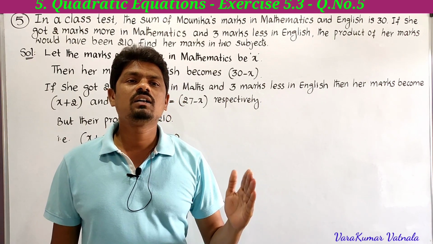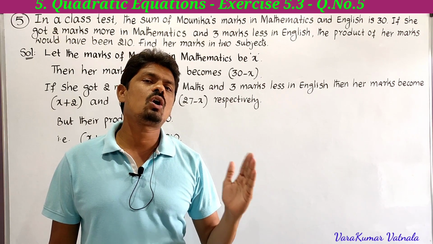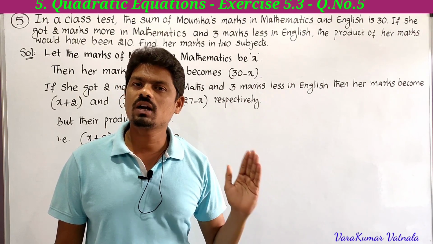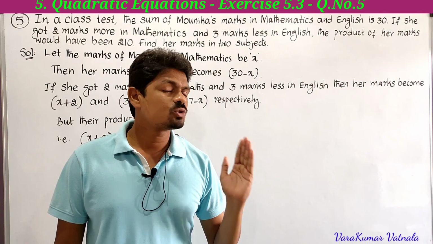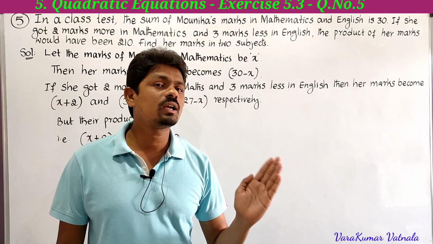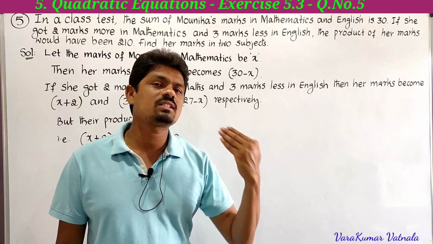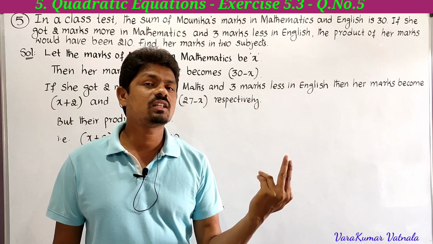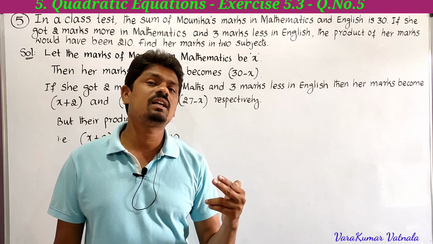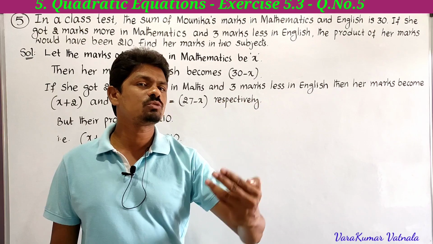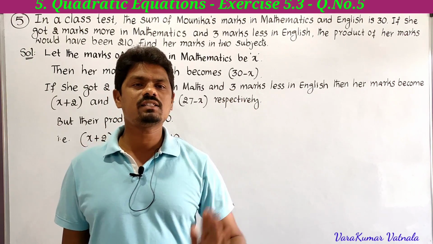So for that, let the marks she got in maths be x. If the marks of Monika in maths is x, then what are the marks in English? Since the sum of the marks of maths and English is 30, if maths marks is x, then English marks becomes 30 minus x.